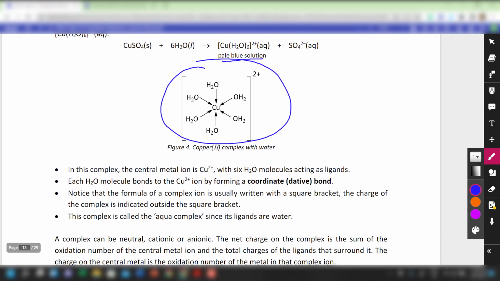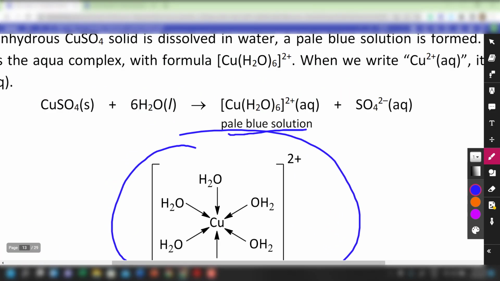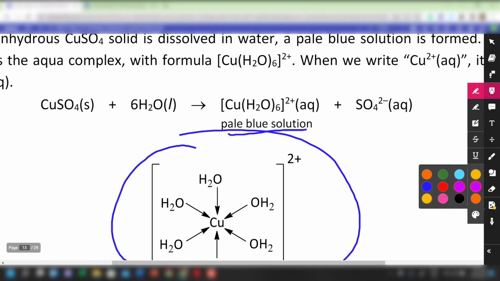The covalent bond formed is also known as a coordinate bond or a dative covalent bond. There are different ways of identifying the bonds, and we normally put square brackets around the complex. If I zoom in, we will normally put the square bracket before the charge, so there's no mistake about this.